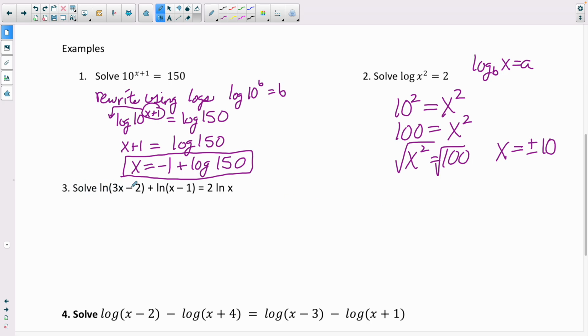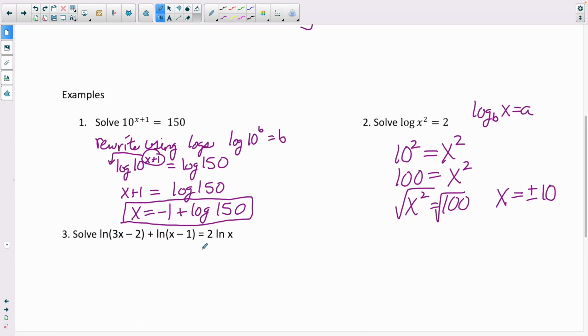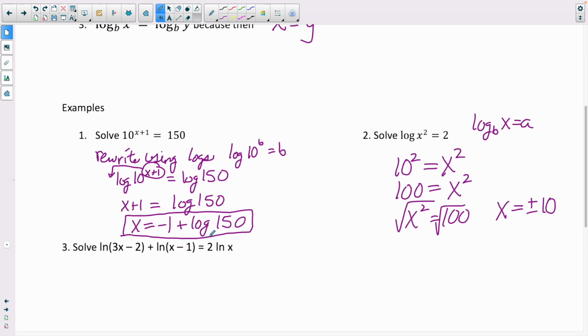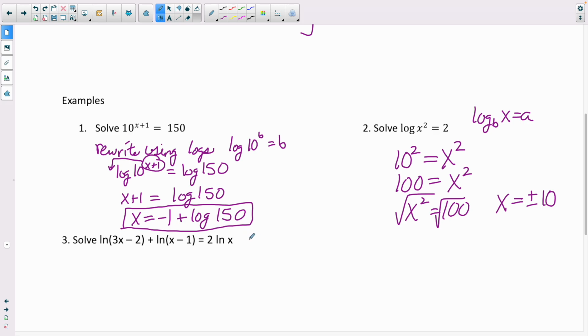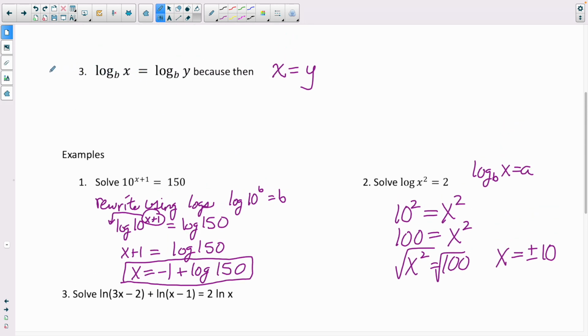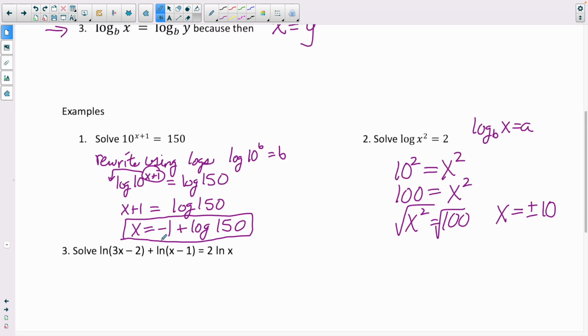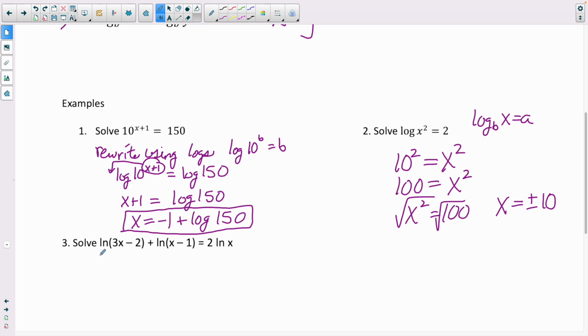Number 3, we have natural log of 3x minus 2 plus natural log of x minus 1 equals 2 natural log of x. And so I want to get this one into form number 3. I'm going to rewrite this as natural log. This is a sum of 2 logarithms, and so this becomes a product. And over here, I need to move this to the exponent.